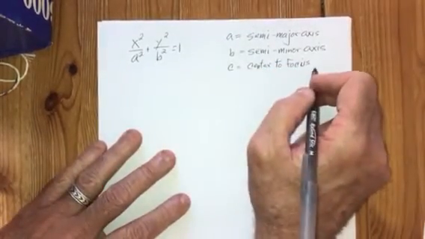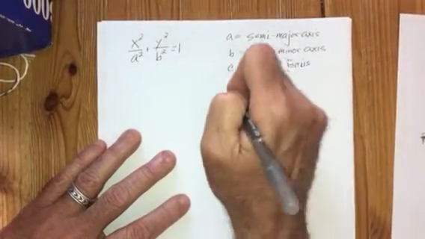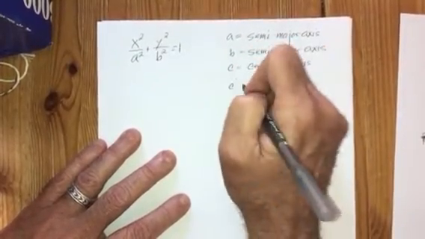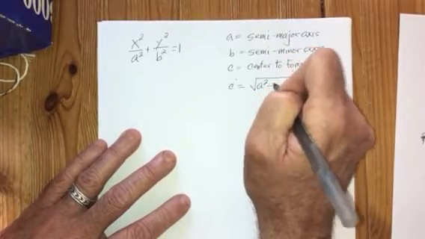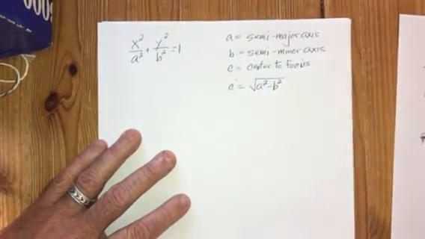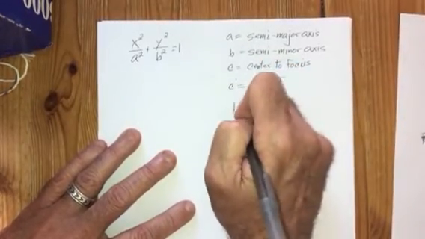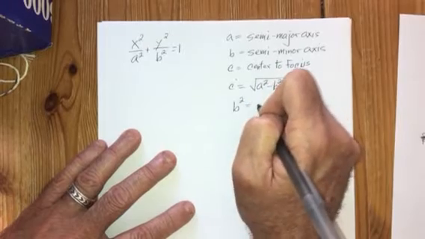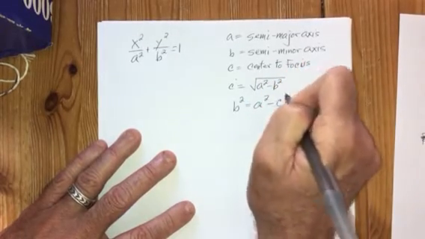And the relationship between these three was that c was equal to the square root of a squared minus b squared. Now, if we square both sides of that and rearrange it, in fact, we get this. b squared is equal to a squared minus c squared.